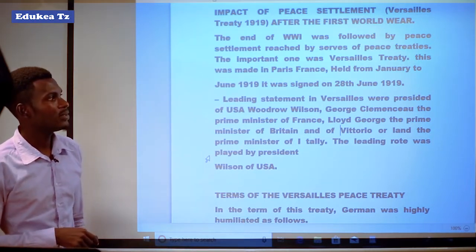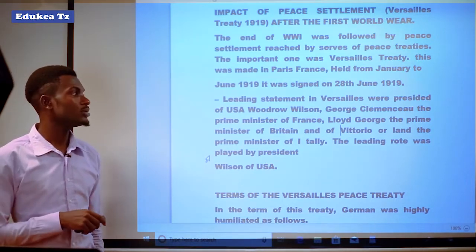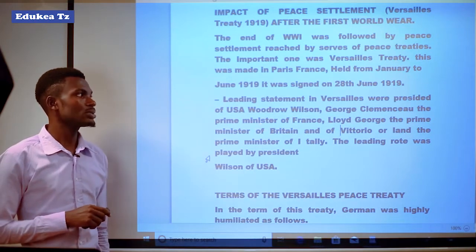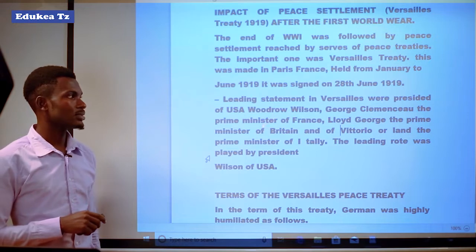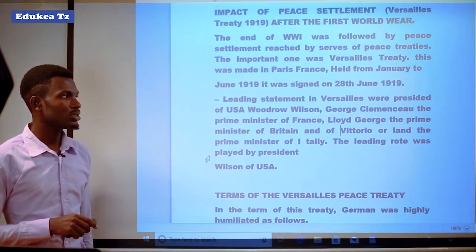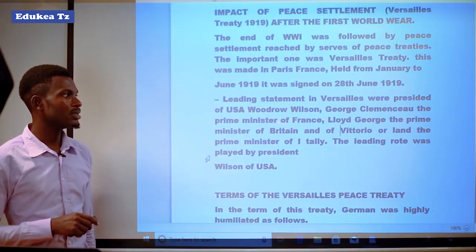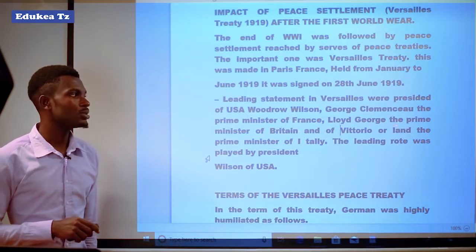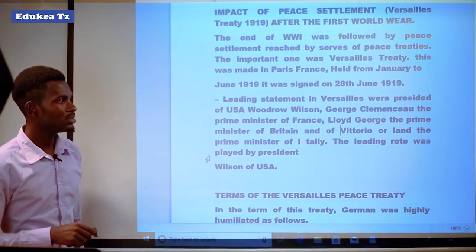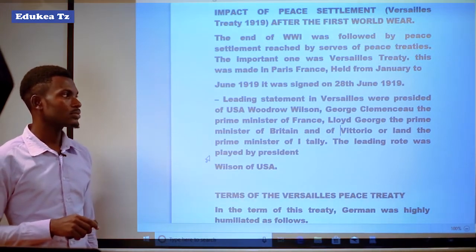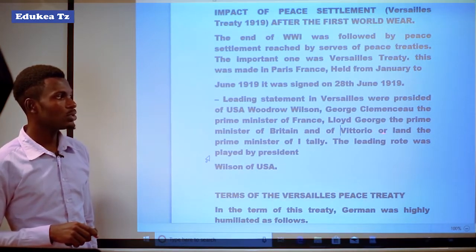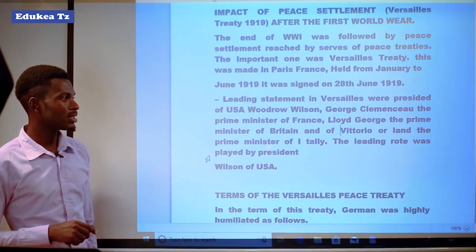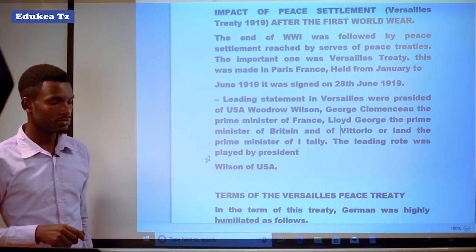The chairman of the Versailles Peace Treaty was Woodrow Wilson, the US President. Another was Georges Clemenceau, the Prime Minister of France, Lloyd George, the Prime Minister of Britain, and Vittorio Orlando, the Prime Minister of Italy.